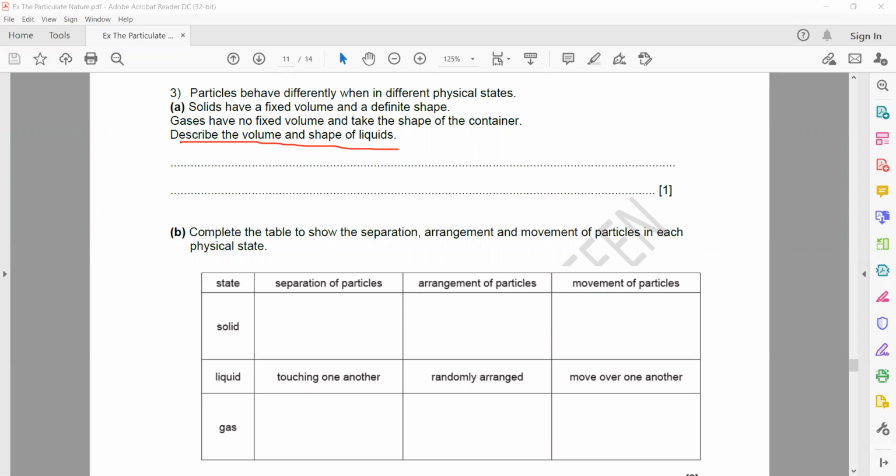So liquids do not have a fixed shape, but they take the shape of the container, but they do have a fixed volume.